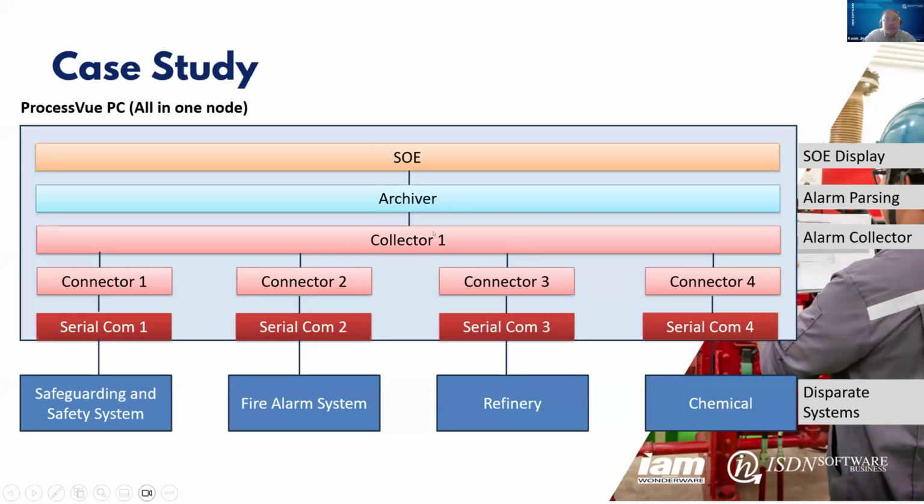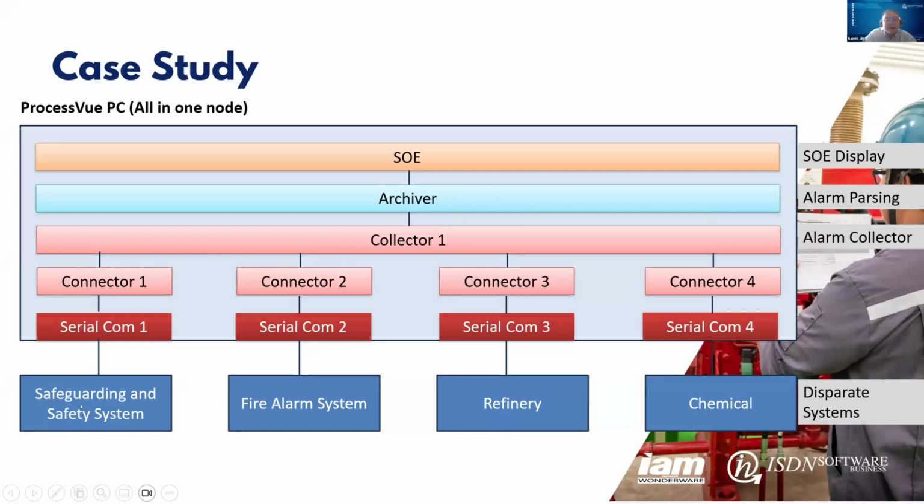Then next will be the archiver. As you can see at the right side here, alarm parsing. For this archiver here, you have all your different disparate alarms together into one holistic view already in this collector. What's next is to standardize how you see these alarms.